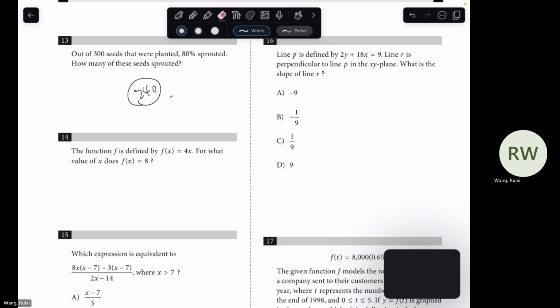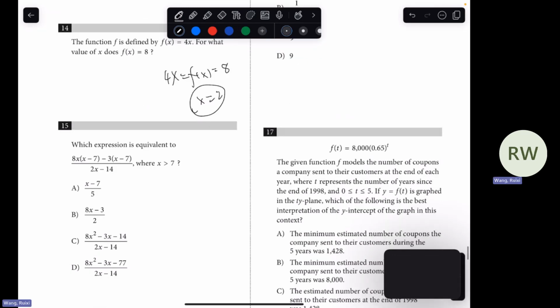Okay. For what value of x does f(x) equal 8? Right? Because this equals f(x) equals 8, so x equals 2. Very straightforward. So because this is larger than 7, which means that x does not equal 7, which will make the denominator zero, right?